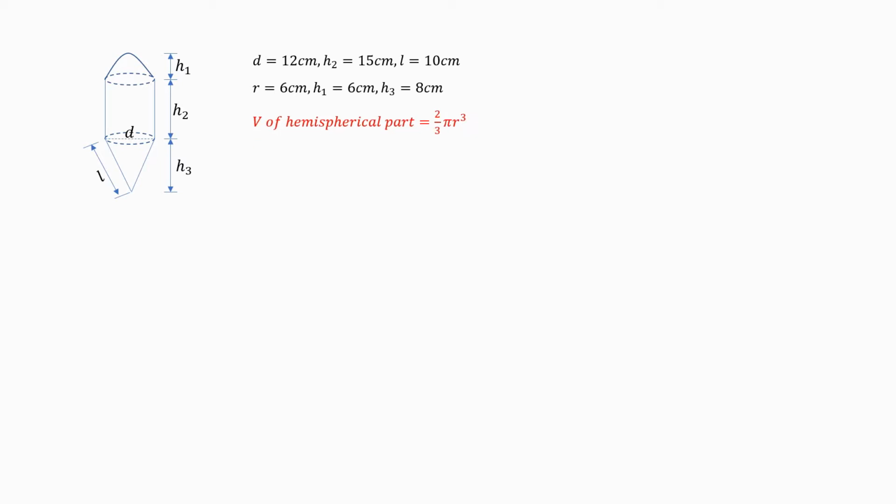So the volume of the hemispherical part is 2 over 3 pi r cubed. We substitute, we have 2 over 3 times 3.142 times 6 cubed, which is 452.448 cubic centimeters. Then the volume of the cylindrical part is pi r squared h, and our h is h2.